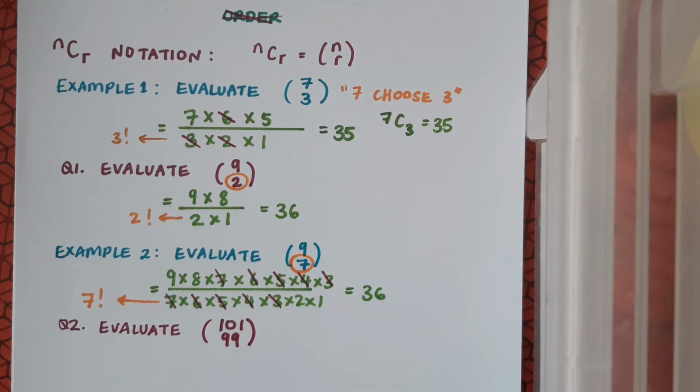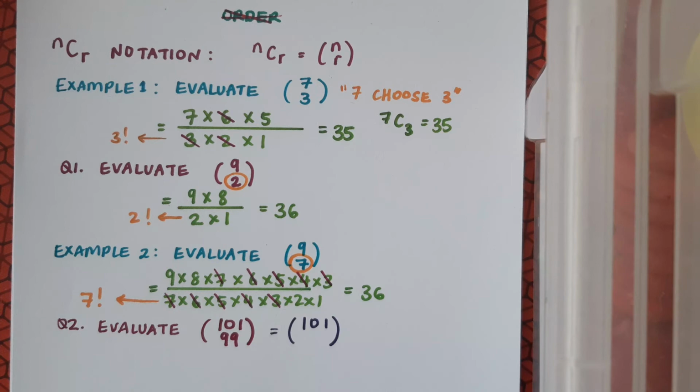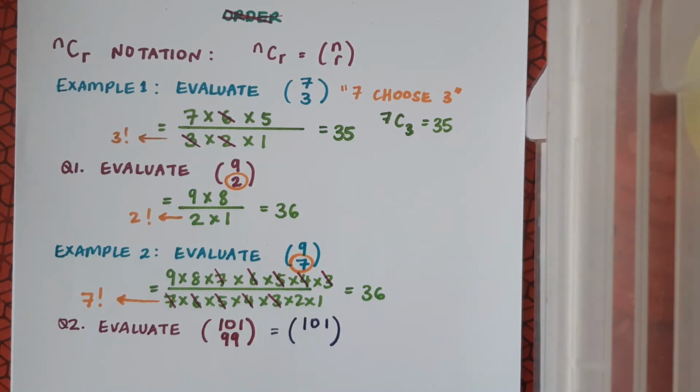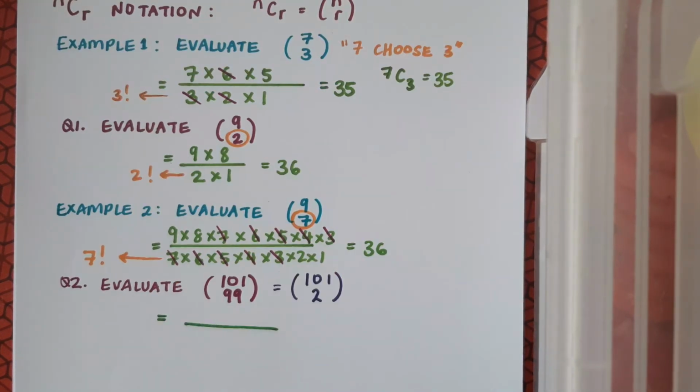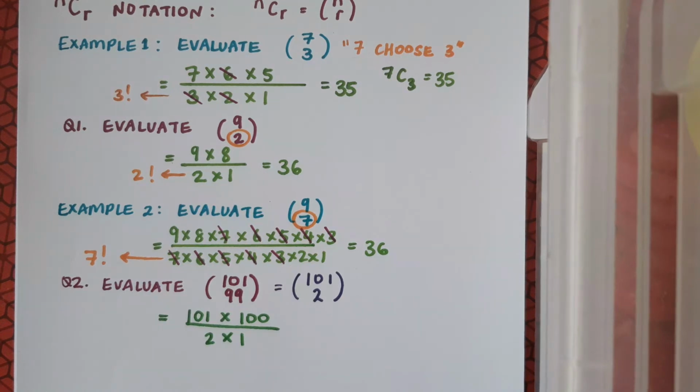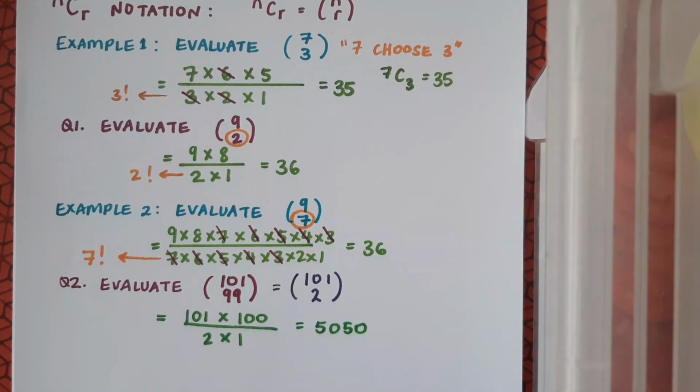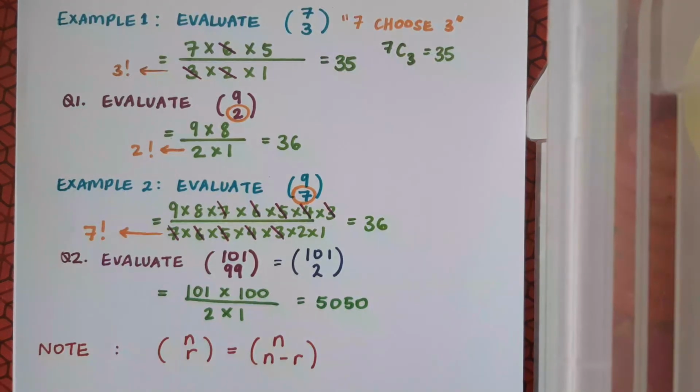So let's take 101 choose 99, and just change how it looks. So how else could I write this? 101 choose, well, 2 in this case, and again note that 99 and 2 make up that 101 on top. So it's much easier to work out now. 101 times 100 over 2 by 1, and it doesn't take much calculation to work out that my answer is 5050. I can summarise this neat little trick as n choose r equals n choose n minus r.